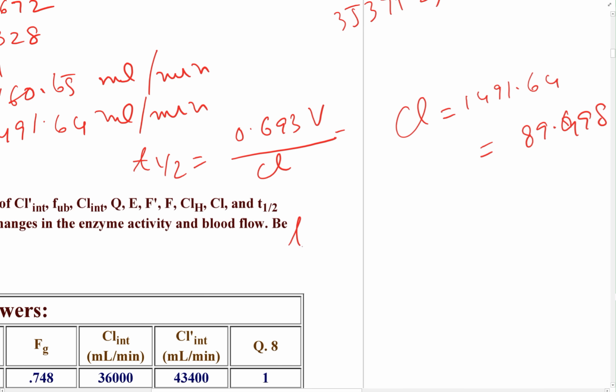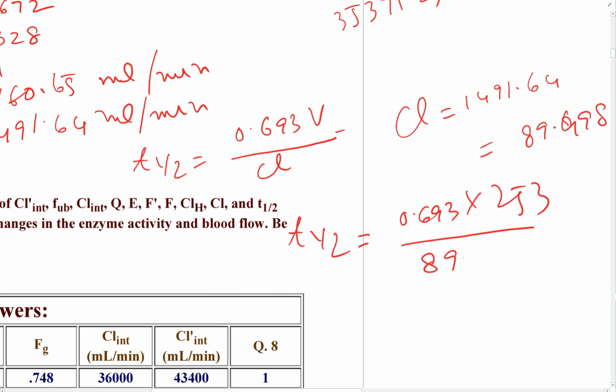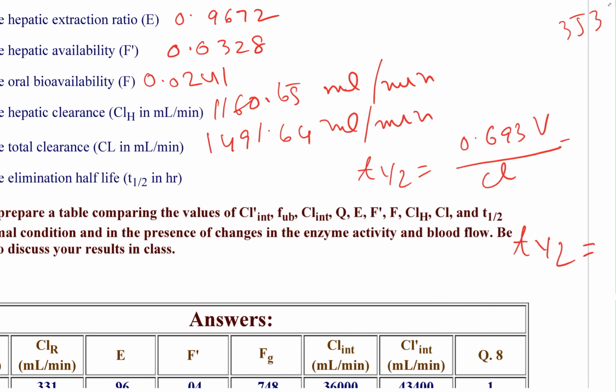The volume of distribution doesn't change, so T half is 0.693 times 253 divided by 89.498, equal to 1.959 hour.